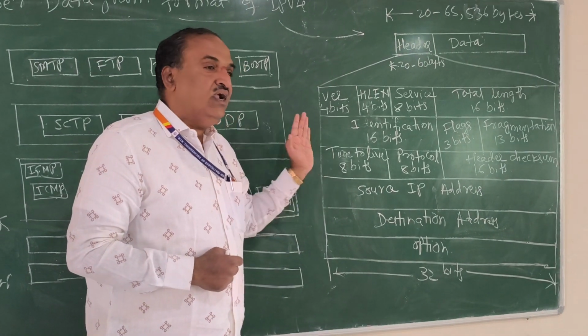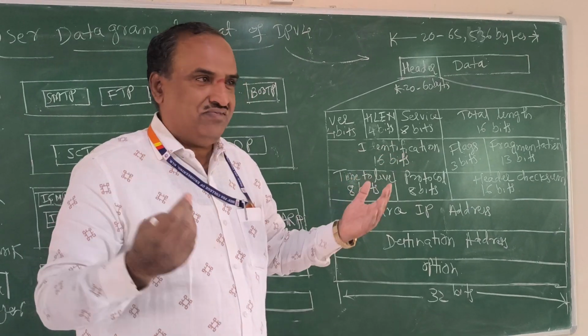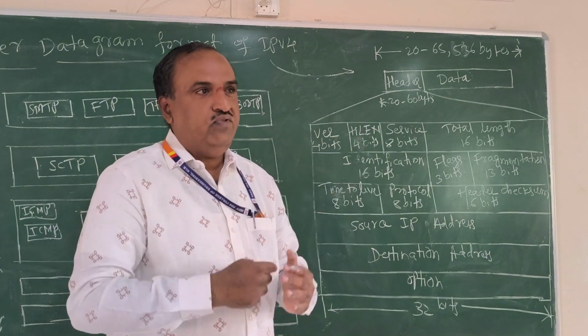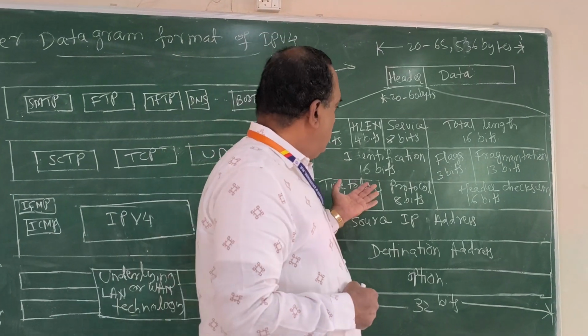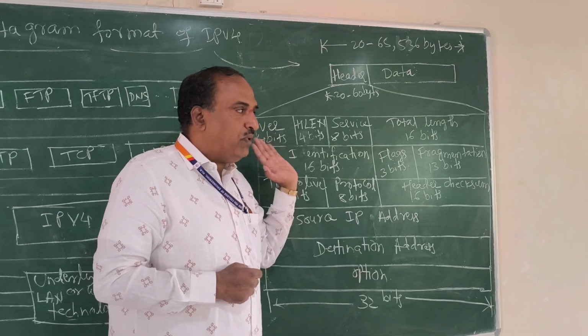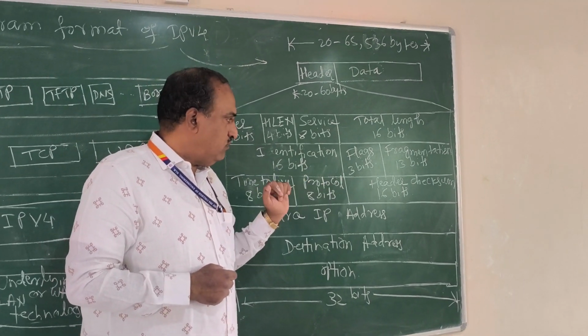Here this field is 8 bits. Very important and very interesting; if you understand, you feel very nice. Then protocol: what type of upper layer protocol you want, whether it is UDP, SCTP, is mentioned here.